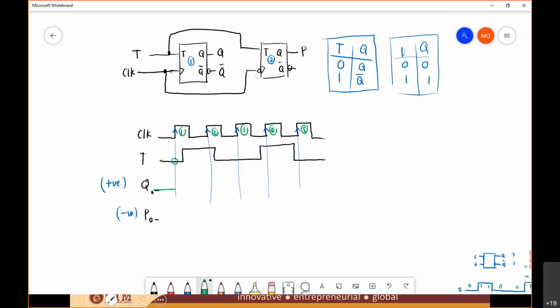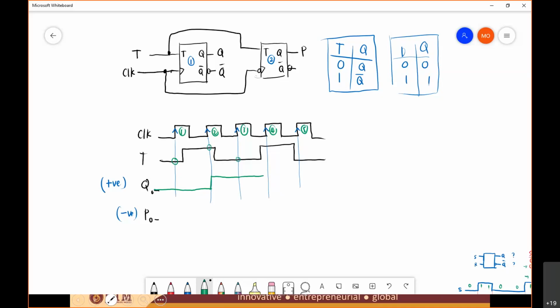Will Q toggle or no change? No change. So Q will remain 0 until the next rising edge. For the second rising edge, then you see the T. Now the T input is 1. So what happens when T input is 1? Toggle. It will toggle. So from 0, it will become 1 until the next rising edge. At the next rising edge, you look at your T, it is 0. So what happens when T is 0? No change.